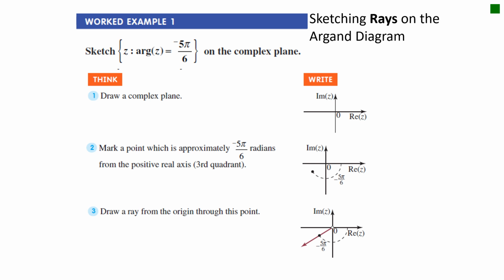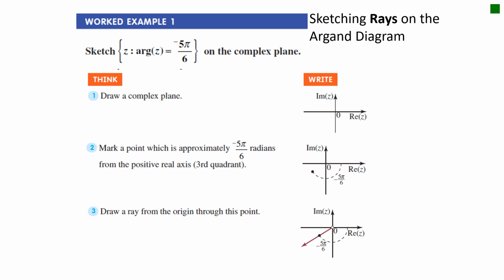So it's a ray, it's not a line, it doesn't appear in the first quadrant, it appears only in that third quadrant because only those complex numbers along that radial line have an argument of minus 5 pi on 6. Does that make sense? I hope so. Now, what's a very important feature?